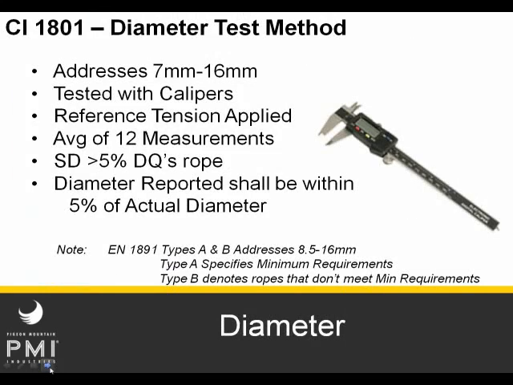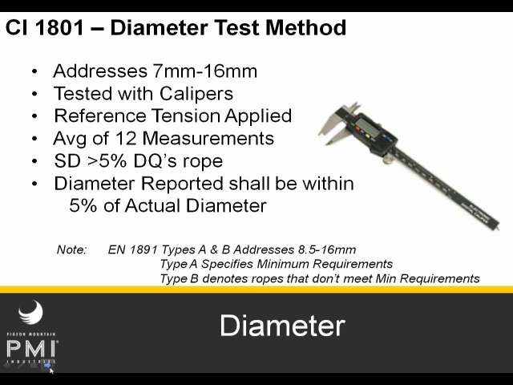Diameter of ropes is measured with calipers. It's measured in multiple locations with a constant force on the end of the rope to make the rope straight. The diameter is calculated as the average of 12 measurements throughout a certain distance.